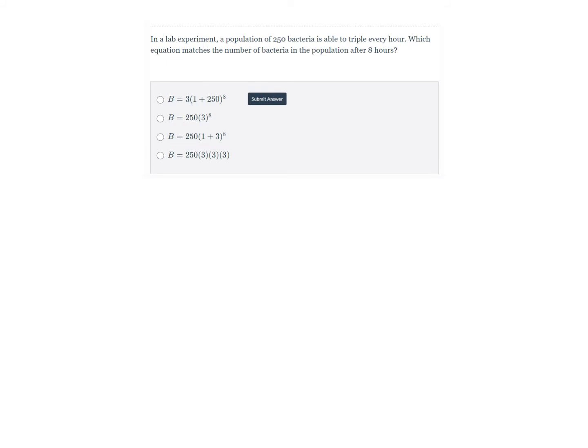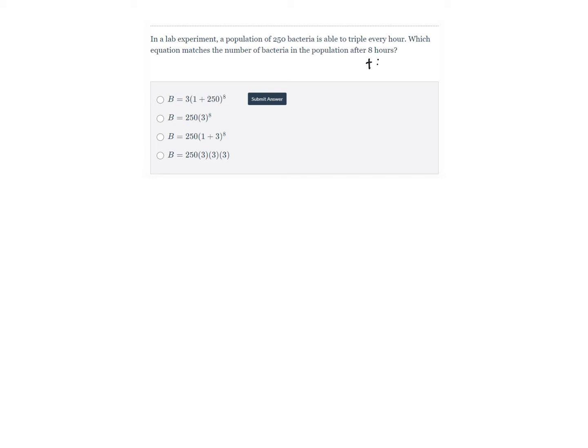All right, here's another equation. Another equation we have to find from an example. In a lab experiment, the population of 250 bacteria is able to triple every hour. Which equation best matches the bacteria in the population after 8 hours? So yeah, an equation, but not a function, because we know what the t is.